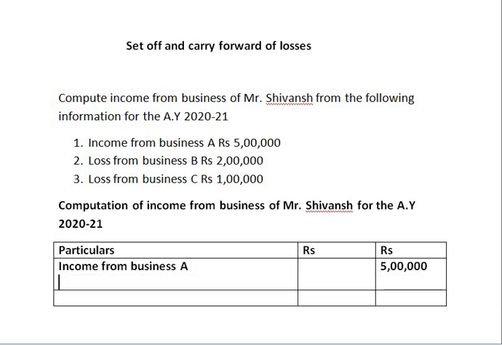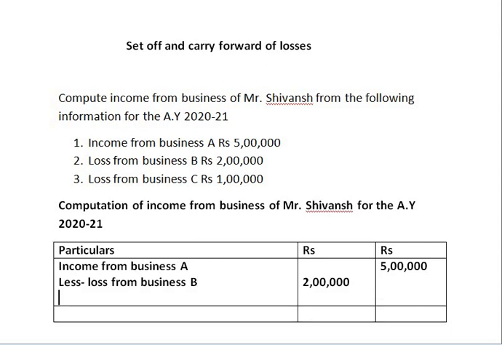From this we have to deduct the losses incurred from business B as well as business C. Less loss from business B is rupees 2 lakh and then loss from business C is rupees 1 lakh.